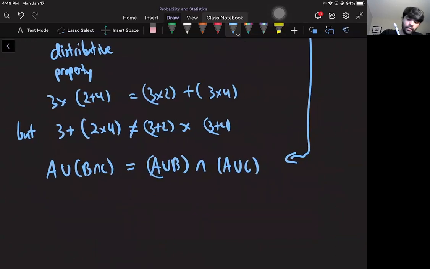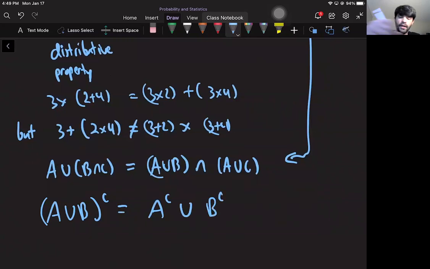And then a couple more: how do negatives work? Well, that's going to be similar to how complements work, but it's a bit different. So if I take a union and then I complement, it's not just going to distribute. You might hope that you get this, but actually you don't.